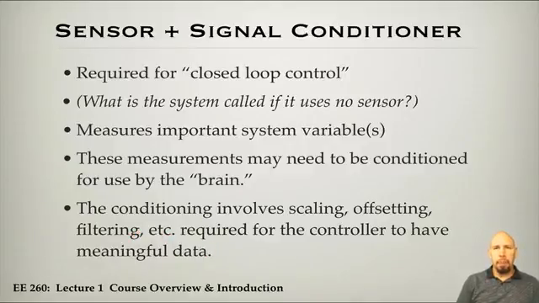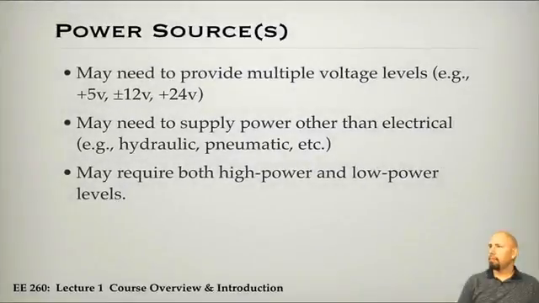So in general, these are the kinds of things that are needed in order to have a sensor. And again, this also will require some kind of power associated with it. Now, in general, there may be a number of power sources. In that first block diagram I showed, I had two different power sources. You may have low-level required power, and you may have high-level required power.